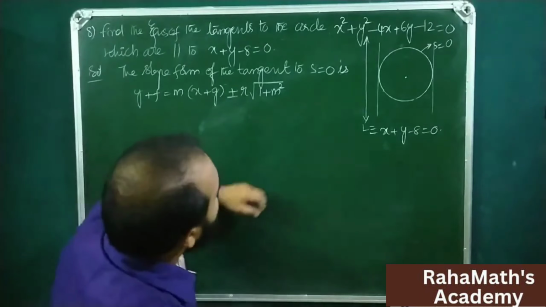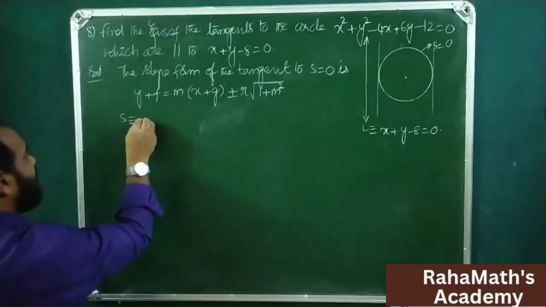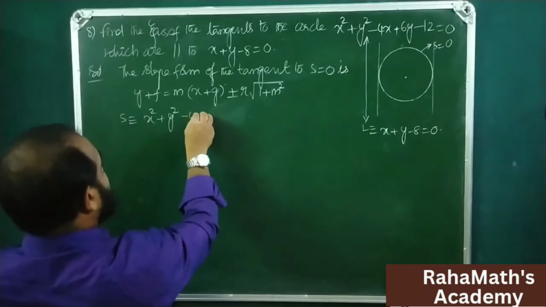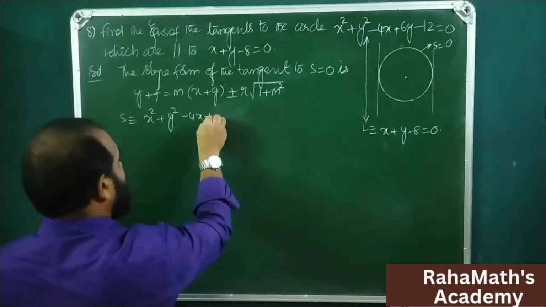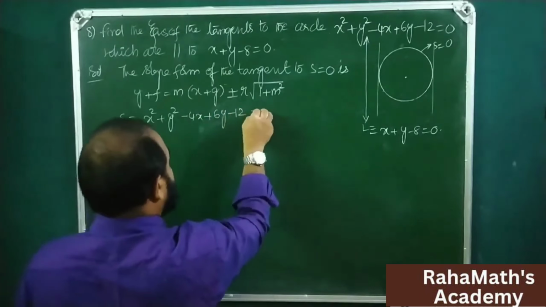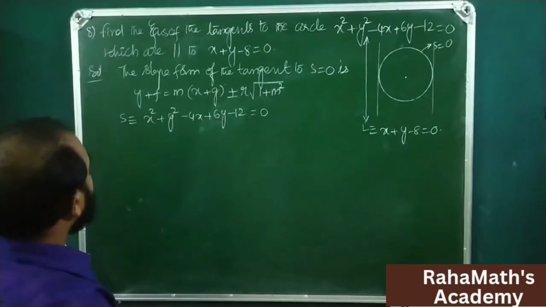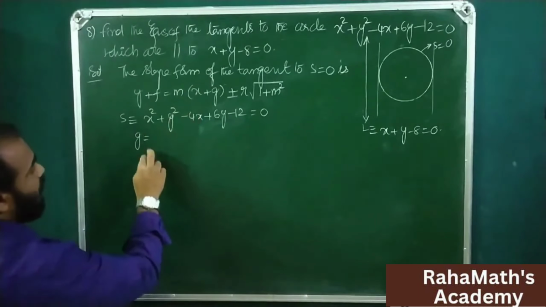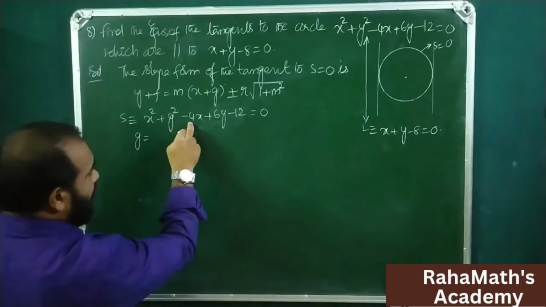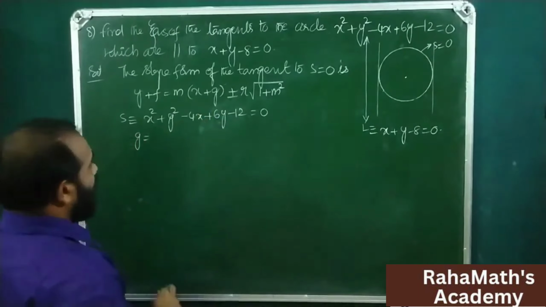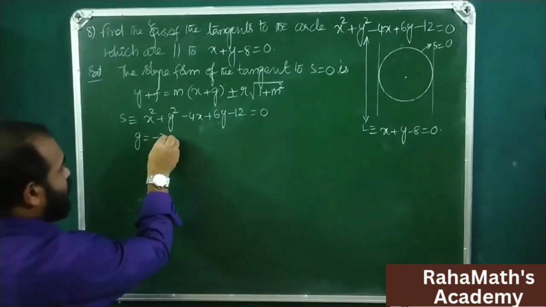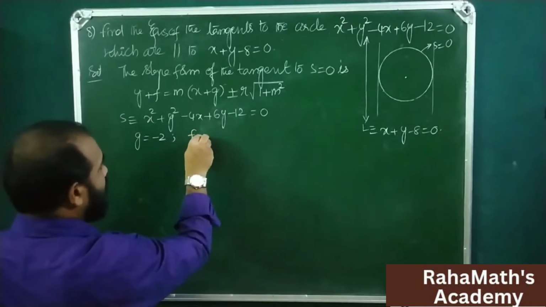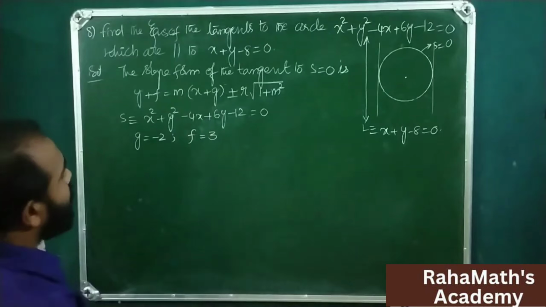Here the circle is x² + y² − 4x + 6y − 12 = 0. You just compare this with the general equation of the circle, x² + y² + 2gx + 2fy + c = 0. 2g = −4, so g = −2; 2f = 6, so f = 3.